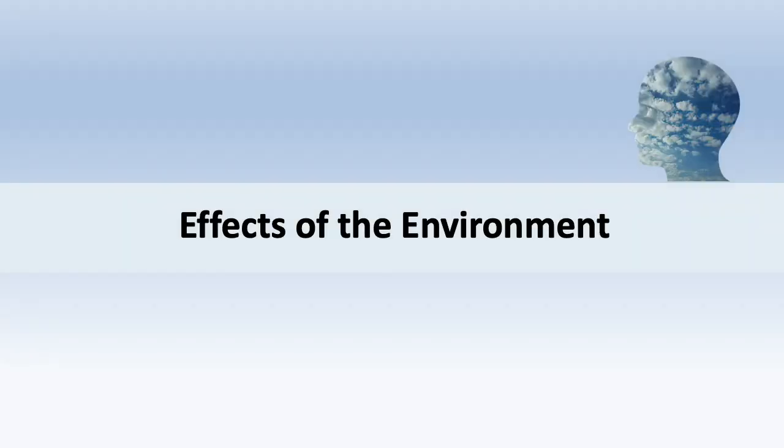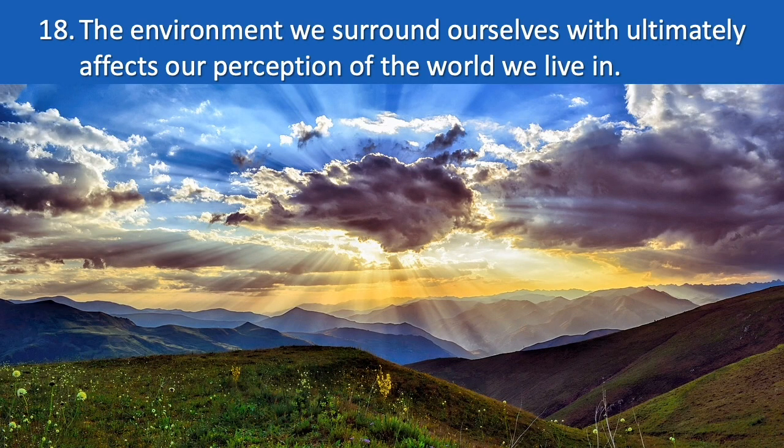So with all these principles in mind, this raises the importance of our environment and what we focus on. The environment we surround ourselves with ultimately affects our perception of the world we live in. So, for example, if you're always in the city or you're always around people and congestion and traffic, you might be a little uptight and anxious because your mind is always on the go.